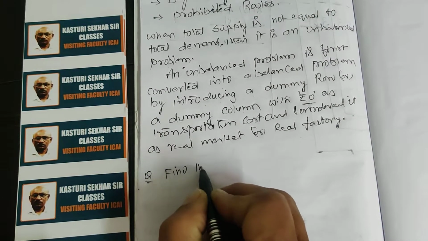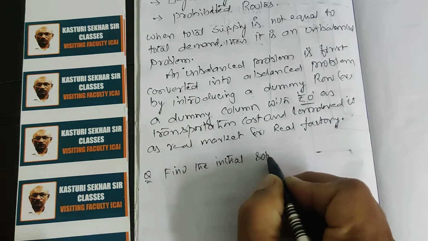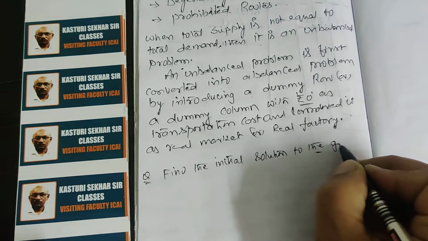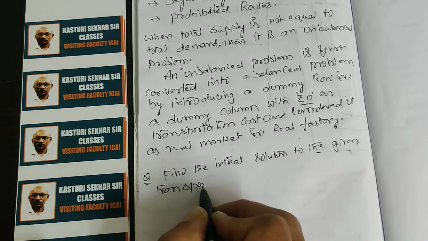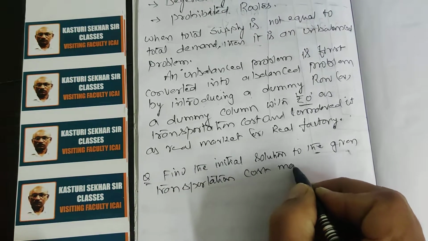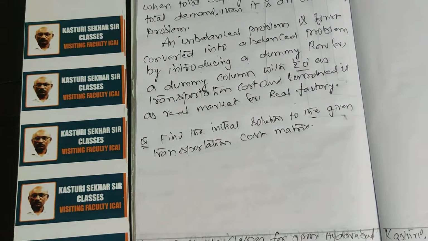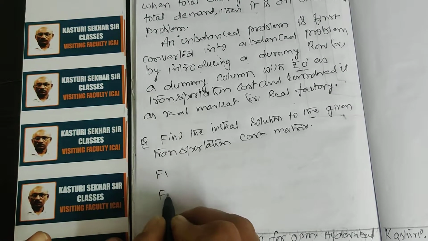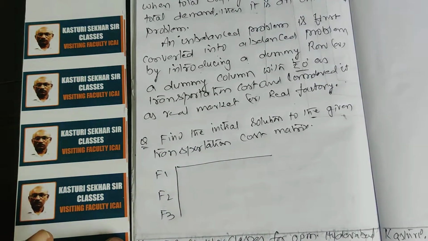Find the initial solution to the given transportation cost matrix. Given a transportation cost matrix, we have three factories. And how many markets are there?